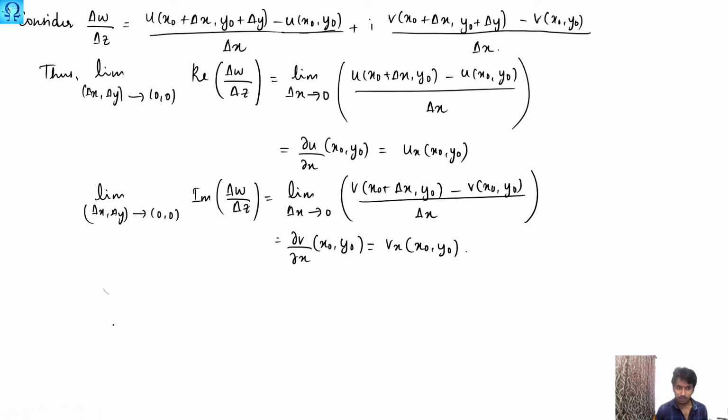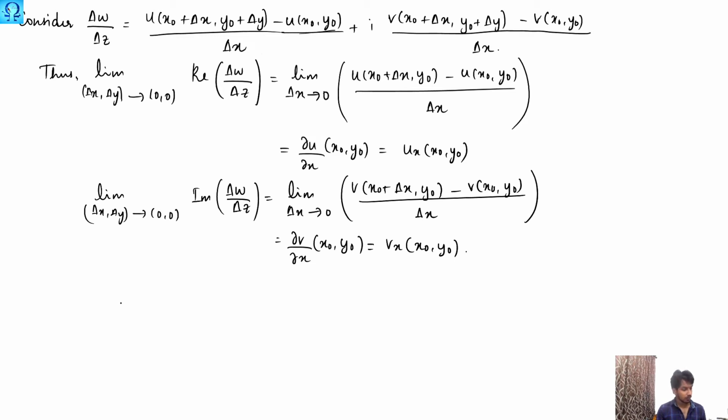Hope you people understand the notations, that is ux of x naught y naught and vx of x naught y naught represent the partial derivatives of u and v with respect to x that are evaluated at the point x naught y naught.